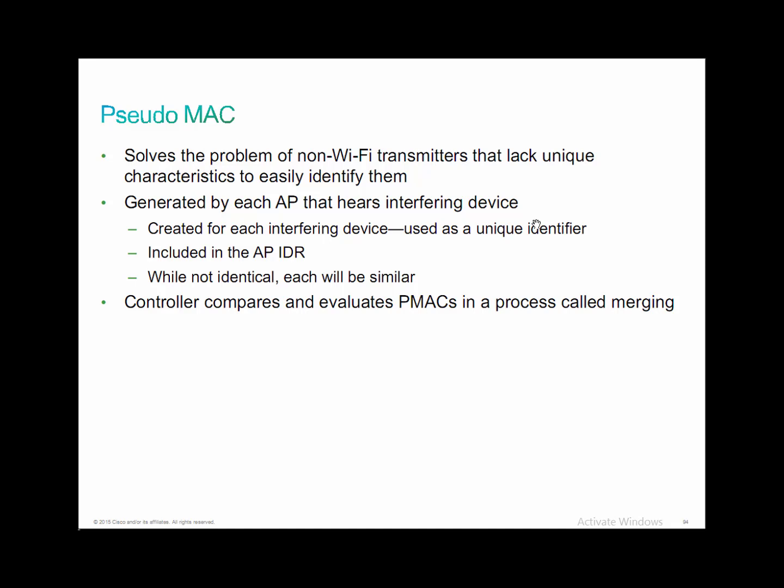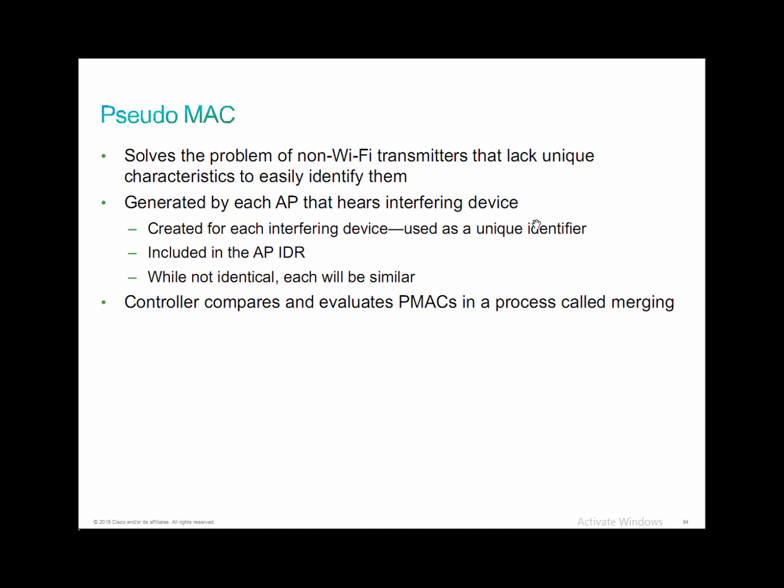So the ability to identify those types of transmitters that lack those unique identifying characteristics is really important, and it's a very, very key component to the clean air technology, because we have the ability to apply a label or identify these non-Wi-Fi interferers. We can identify the location, the zone of impact, by correlating all the AP reports and isolating unique instances and looking at the time counts and so on.